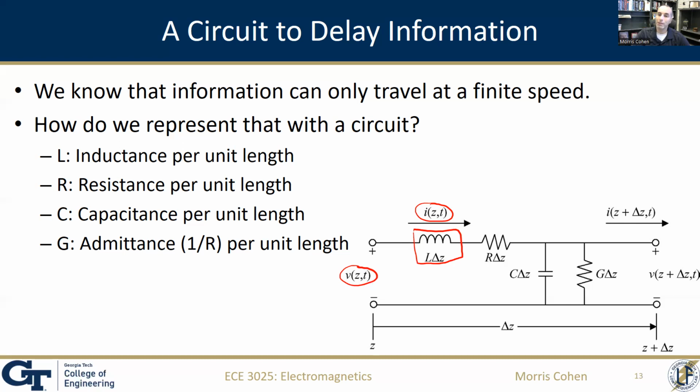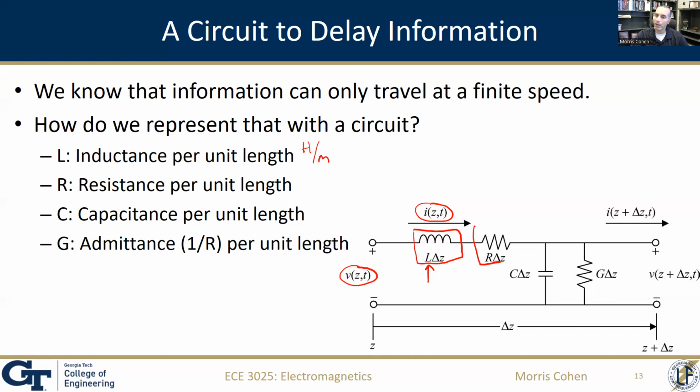So really, this quantity L that we're going to define is going to be inductance per unit length. It's like an inductance density. And the units of that are going to be henries per meter. Henry is a unit of inductance, right? Now, a transmission line is imperfect. And so when that current flows along the transmission line, there's going to be a little bit of resistance that's impeding the flow of that current.